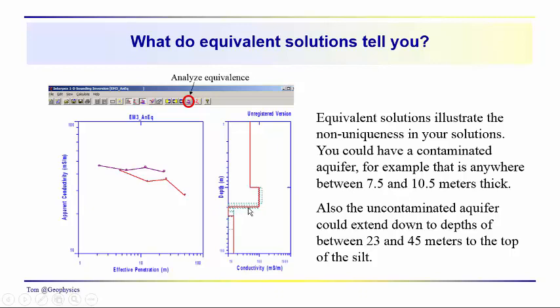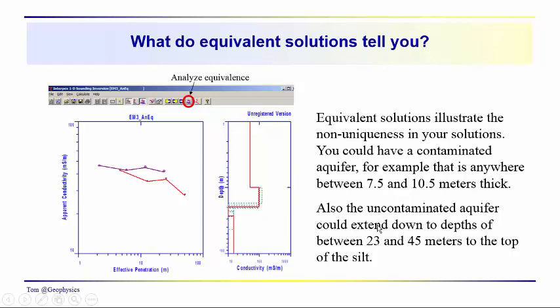The base, we don't really know. We didn't really know whether it would be contaminated or not. The models indicate that, okay, you've got a problem. You actually have some contamination in here, and it could extend from 10 meters down, 7.5 meters into the aquifer, 10.5 meters into the aquifer.